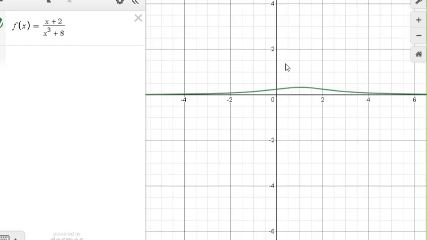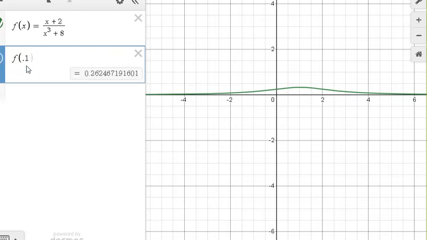You can kind of look at it numerically here with tracing on the graph, but what I really wanted to look at was some values. So I want f of, say, 0.1. And there you go. How about 0.01 or 0.001? 0.0001. And I'm not liking my result.